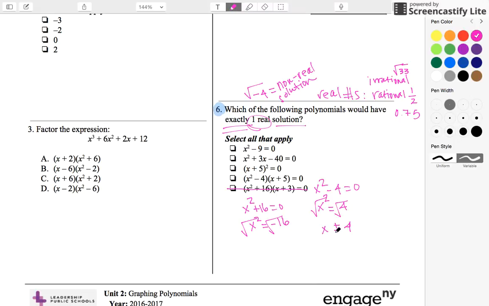That's going to give me a solution of -5. So it's just telling me for one real solution, I only need one. I don't need to do any more work. That's it. Now, x squared minus 9 equals 0. When you isolate the variable, you're going to get the square root of 9. That's going to give me x equals positive and -3. Those are two solutions, so this cannot work either.